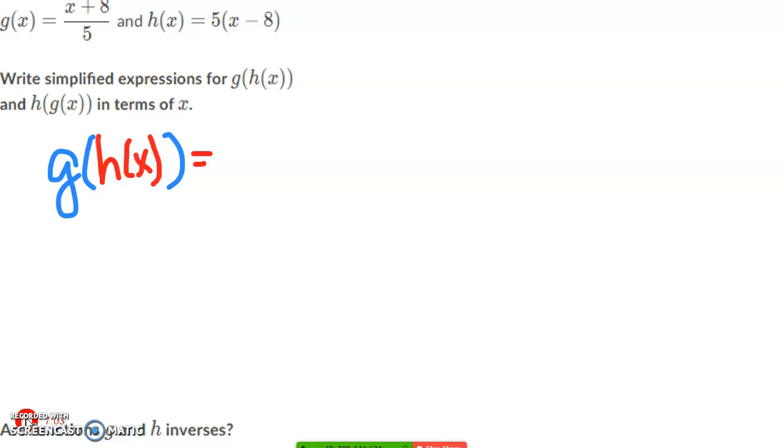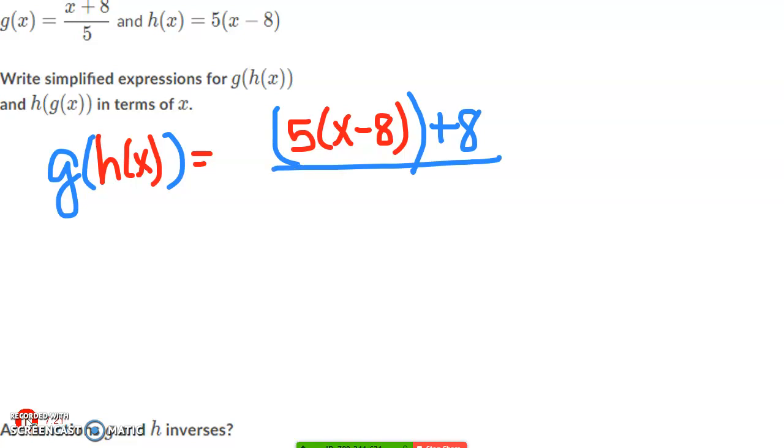Okay. h of x is 5 times the quantity x minus 8. g of x is x plus 8 divided by 5. So this is g of x and h of x got stuck inside it right there.